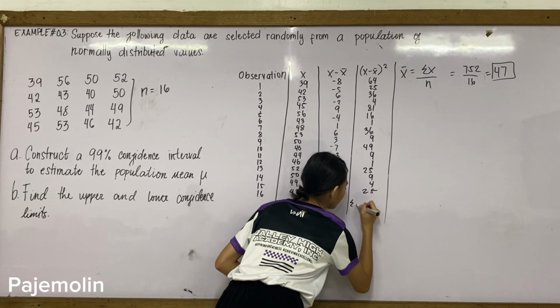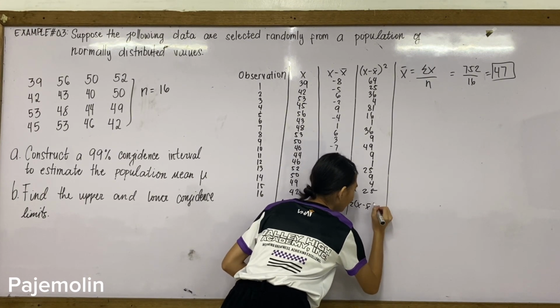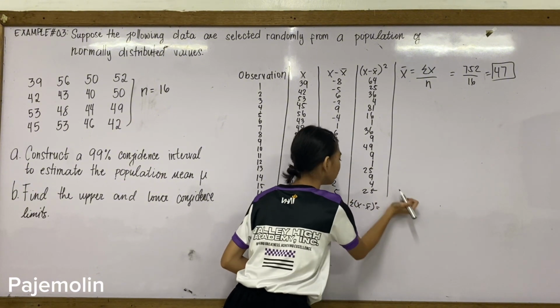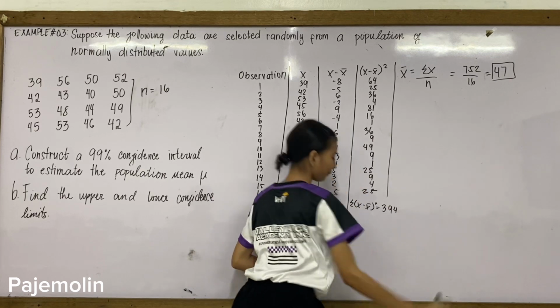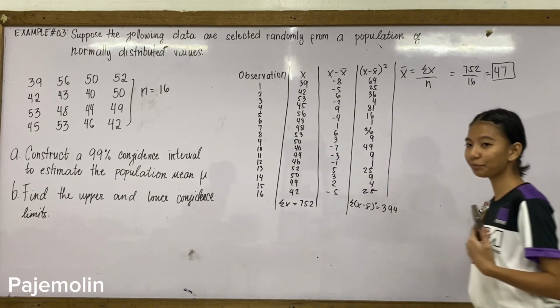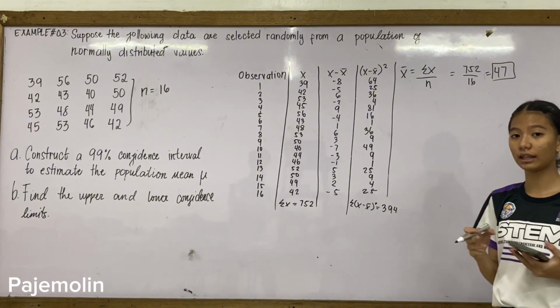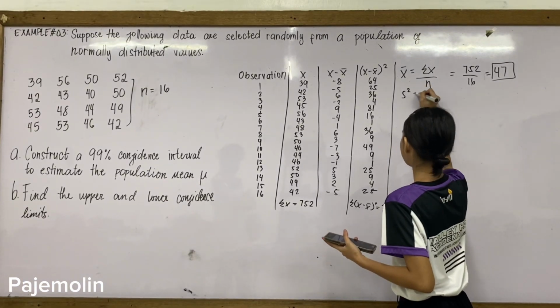So we have the summation of x minus sample mean squared is equal to, if we add them all together, 391. So for our second solution, we have to find our sample variance.